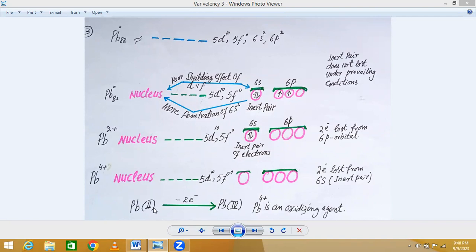So by the loss of 2 more electrons, we get lead 4 plus from lead 2 plus. Lead 4 plus is an oxidizing agent, because if it gains electrons from any other species, then it will go to lead 2 plus. So it is self-reduced and will oxidize the other species.